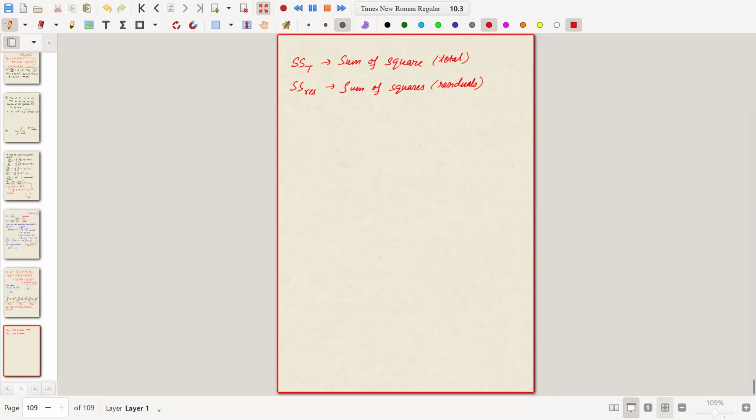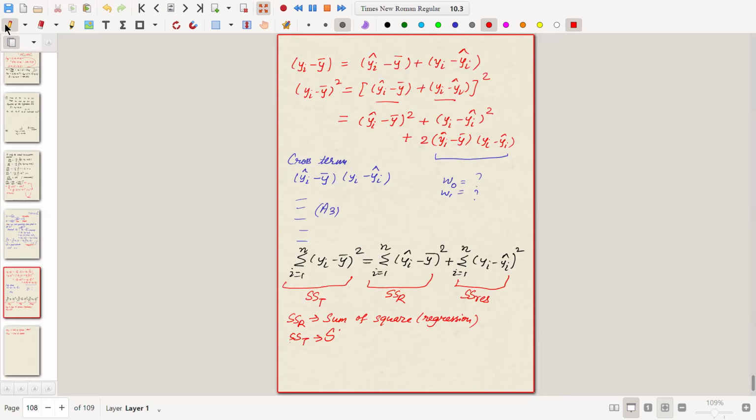This is just a simple equation, C equals A plus B. It gives you a relation between sum of square total, sum of square residual, and sum of square regression. Yes, three quantities. That's not it.